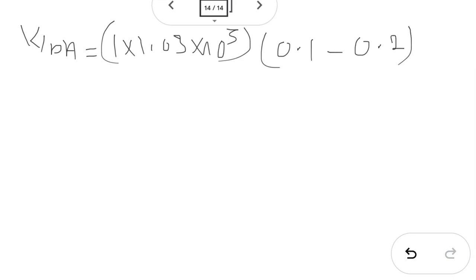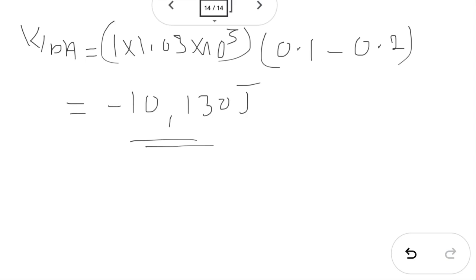So you can see here that we're getting a negative work, which is negative 10,130 joules. This is the work during the processes that are not at constant volume.